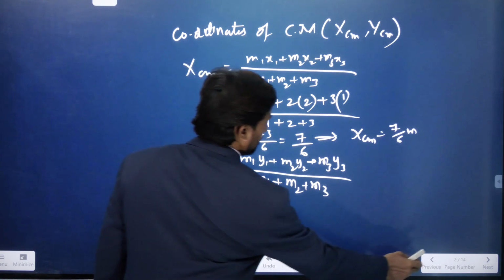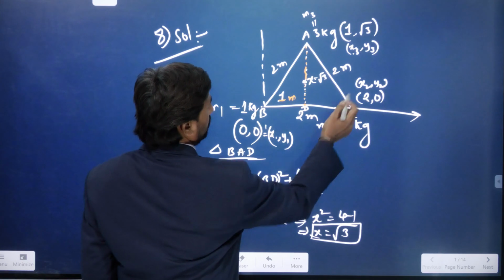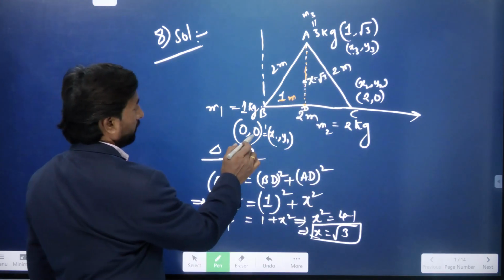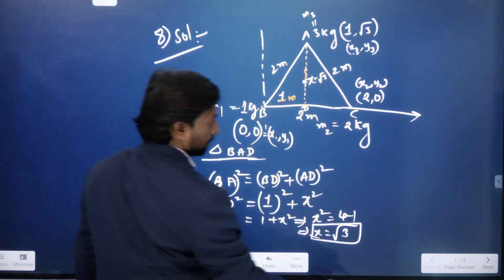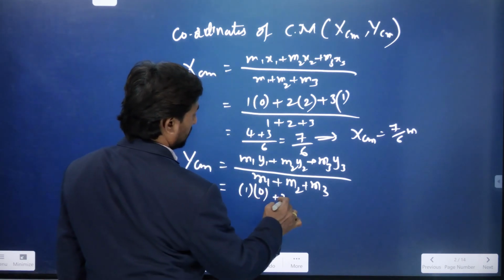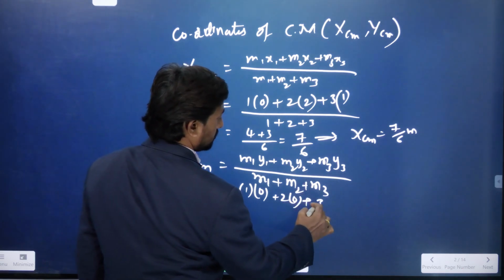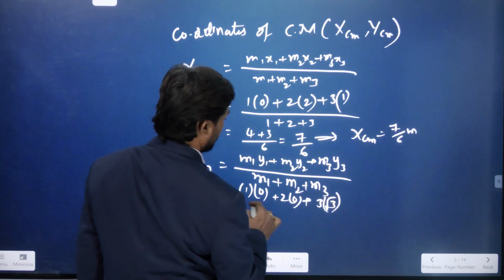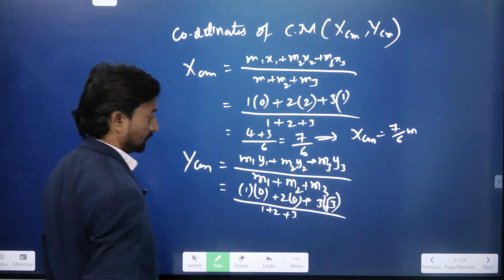The y1 value will be 0, the y2 value will be 0 and the y3 value is root 3. So this is 2 kg into the y2 value, which is also 0, plus 3 kg into root 3, the y3 value, divided by 1 plus 2 plus 3.